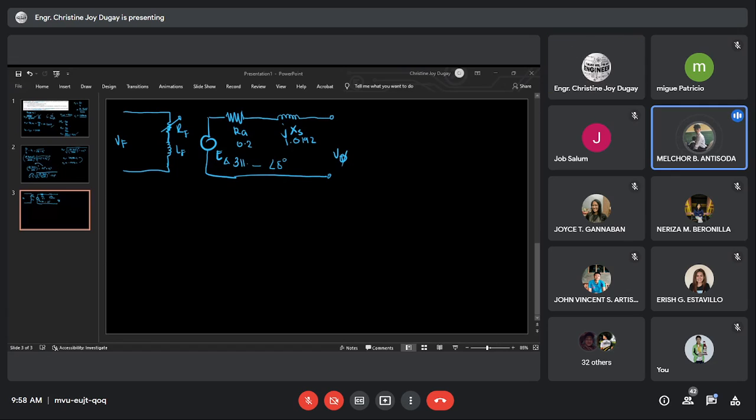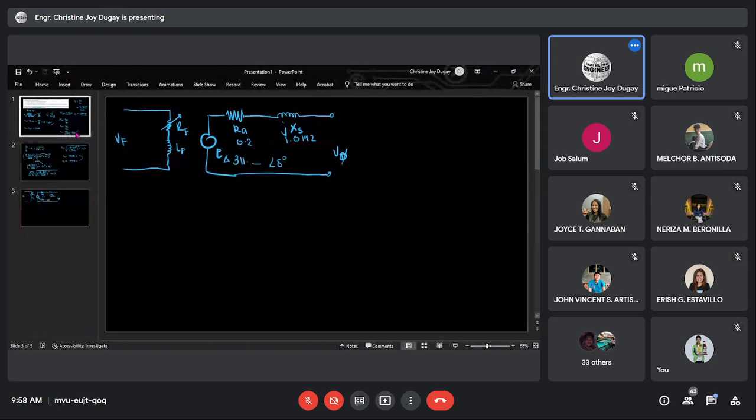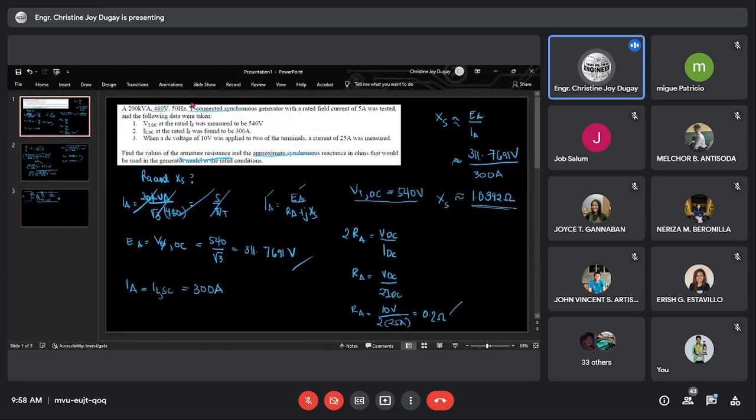Clarifications? Ma'am, parehas din po ba sila sa delta? Delta. Ang mangyayari kapag delta na, okay, so kung gagawin natin ito na delta connected, yan. So, yung VT natin, 540.